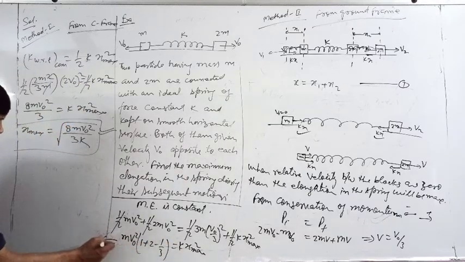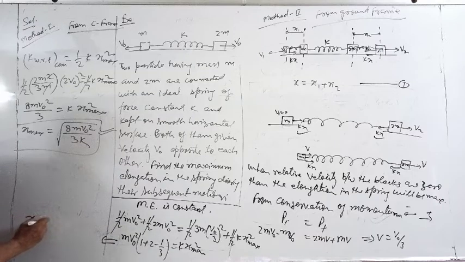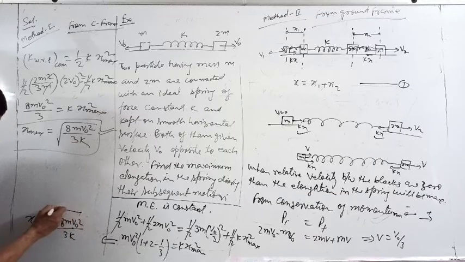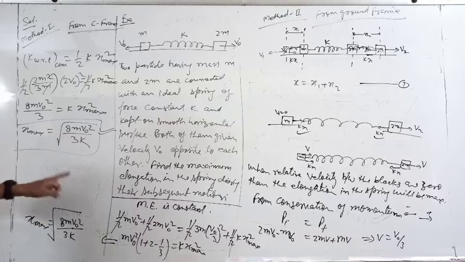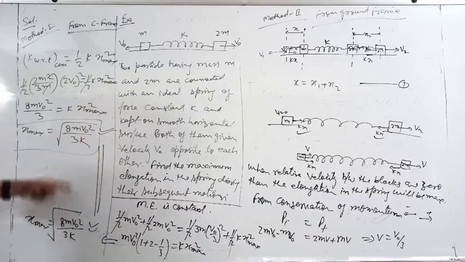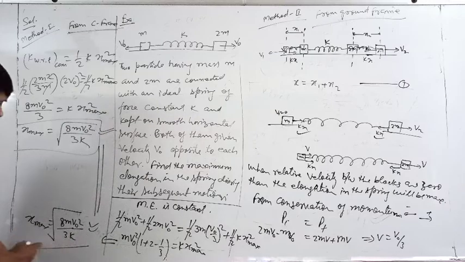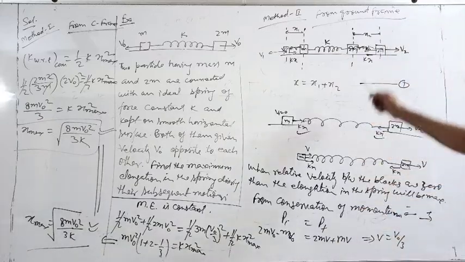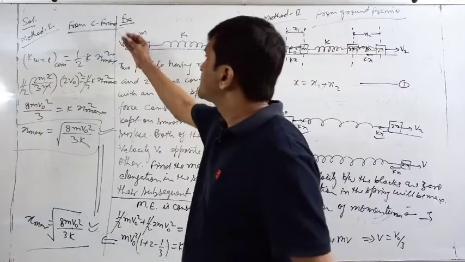So from here you will get x maximum equal to root over 2 m v naught square by 3k. See this and this, check, both give the same answer. Understood? So this one is with respect to the ground frame and this is with respect to the C frame.